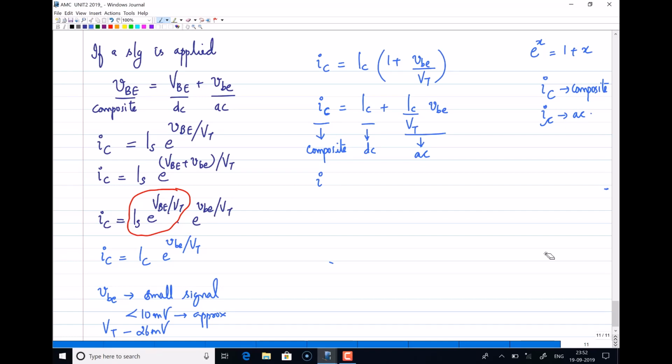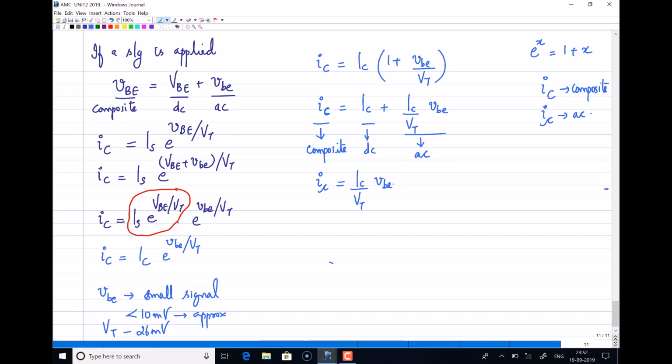From this I can write small ic, which is the small signal current, as IC by VT into vbe.